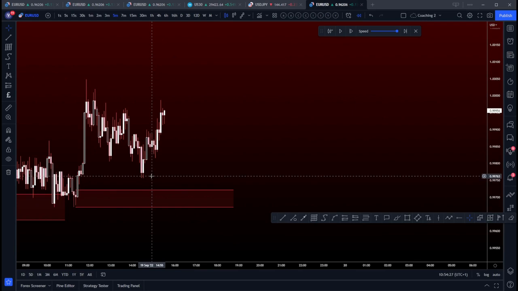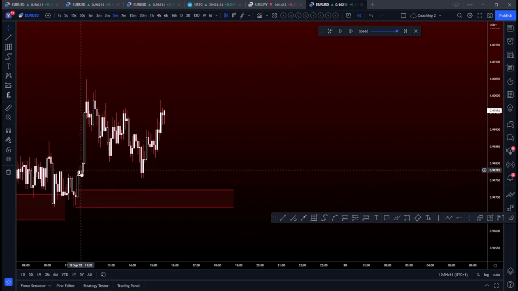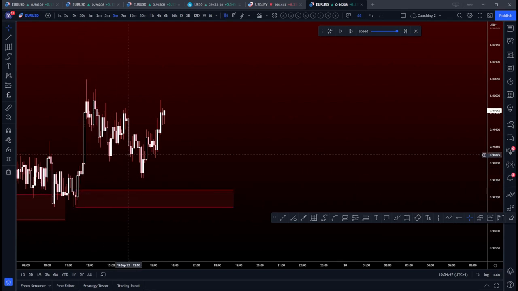Now, there are markets such as lower volume pairs like the Aussie dollar or the euro yen, for example, or even much more exotic currencies. They are going to mitigate closer order blocks than the extreme order block, and that is due to them being more inefficient.